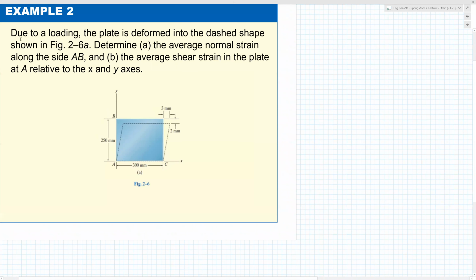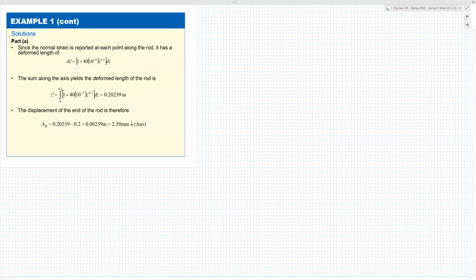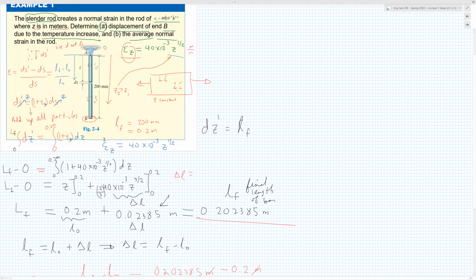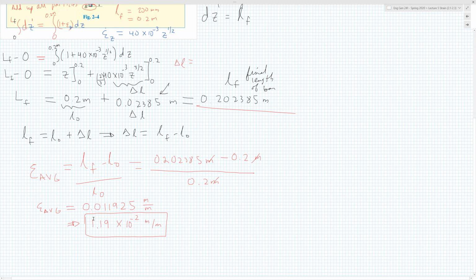Hey, I have a question. Why is it necessary to keep meters over meters? Can't you just ignore them? Because it's good practice to keep them. Let's say I asked you to find the final length. Actually, this case is probably not a good example.